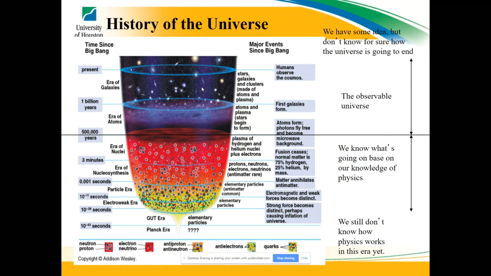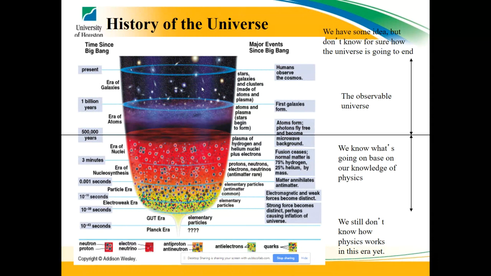Before that, in order to see what the physics was like, a lot of that comes from experiments involving plasma physics and particle physics. So you have, let's say, this era of nuclei, where there was plasma, where you were just starting to form the nuclei for light elements like helium, and there's a lot of electrons floating around.